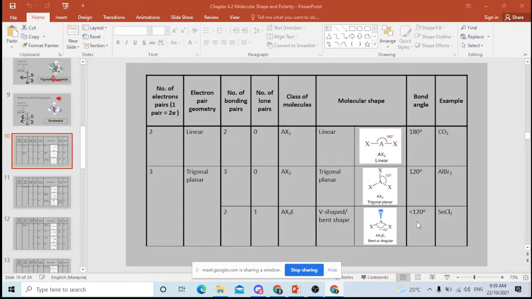Can you figure out any reason why? Remember VSEPR? It is valence shell electron pair repulsion theory. It is in the name that we are talking about repulsion of electrons. In this case, what kind of electrons? We have lone pairs and bonding pairs.